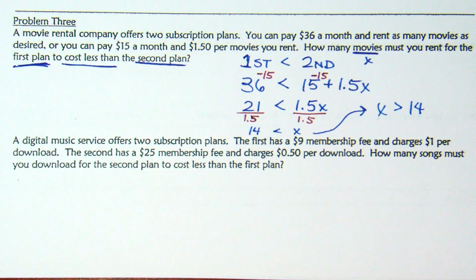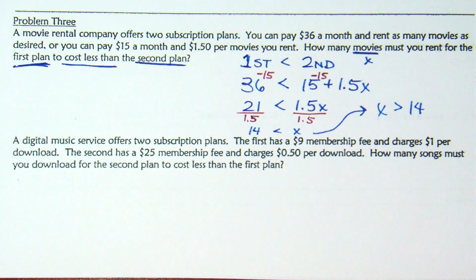What does that mean for this answer? When it says, how many movies must you rent for the first plan to cost less than the second plan? Okay, more than 14. Can we rent just 14? No. Okay. So if you're going to watch more than 14 movies, then by all means, get the unlimited $36 subscription. But if you're not going to watch more than 14 movies a month, that's a lot of movies, but for some of you it's probably doable, I guess.